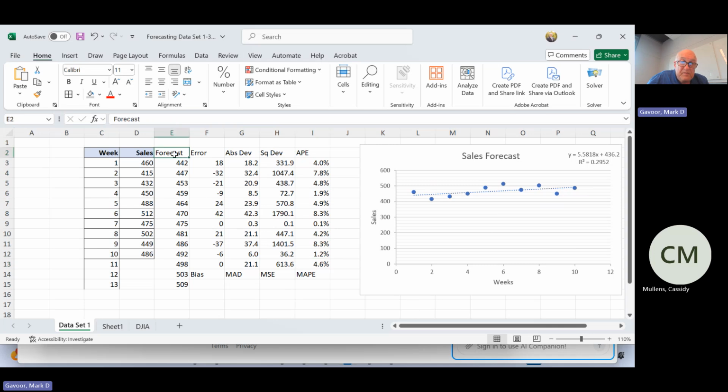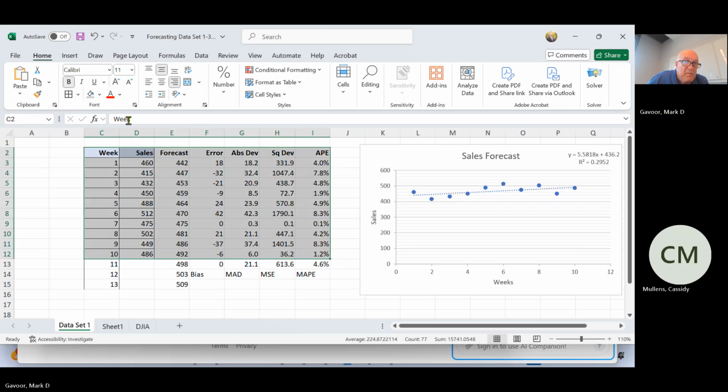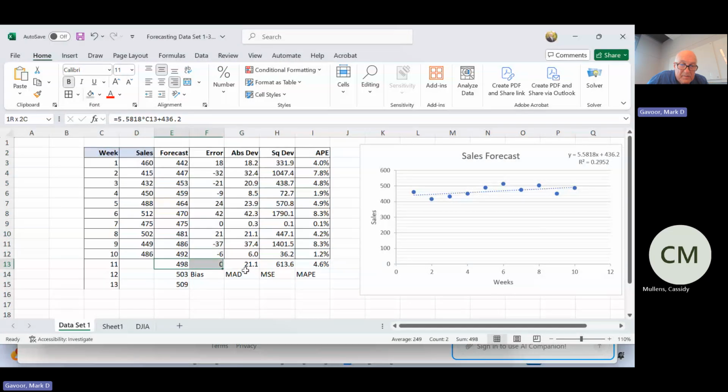So let's fix it. I'm going to highlight all this stuff at the top. I'm going to right justify it. I'm going to make it bold. I'm going to box in everything.